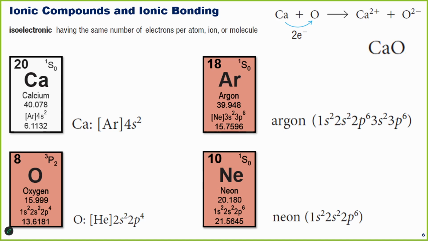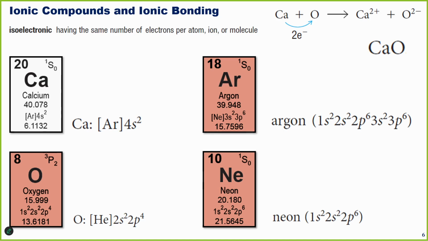So, calcium would be more stable if it lost some electrons to become isoelectronic with argon, which has electron configuration 1s2, 2s2, 2p6, 3s2, 3p6. Similarly, oxygen would be more stable if it gains some electrons to become isoelectronic with neon, which has electron configuration 1s2, 2s2, 2p6.